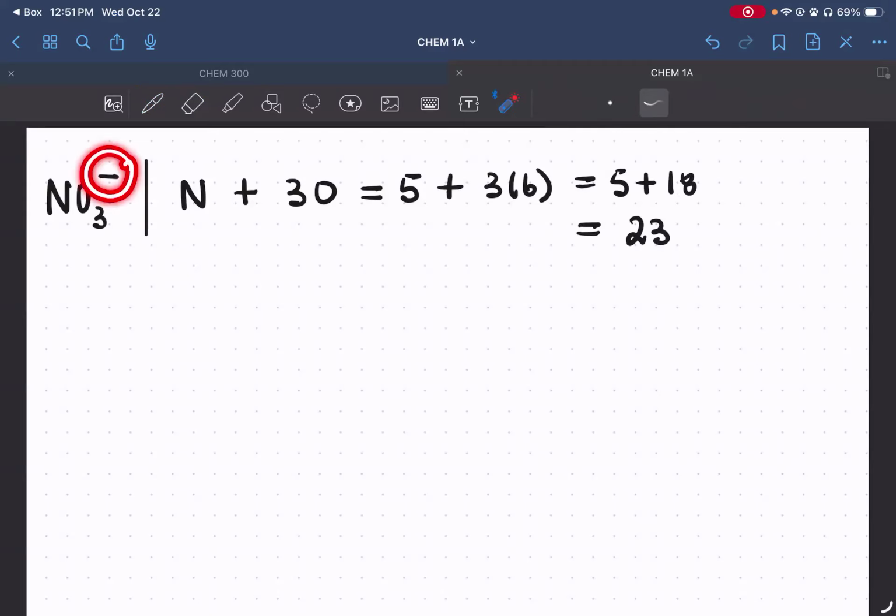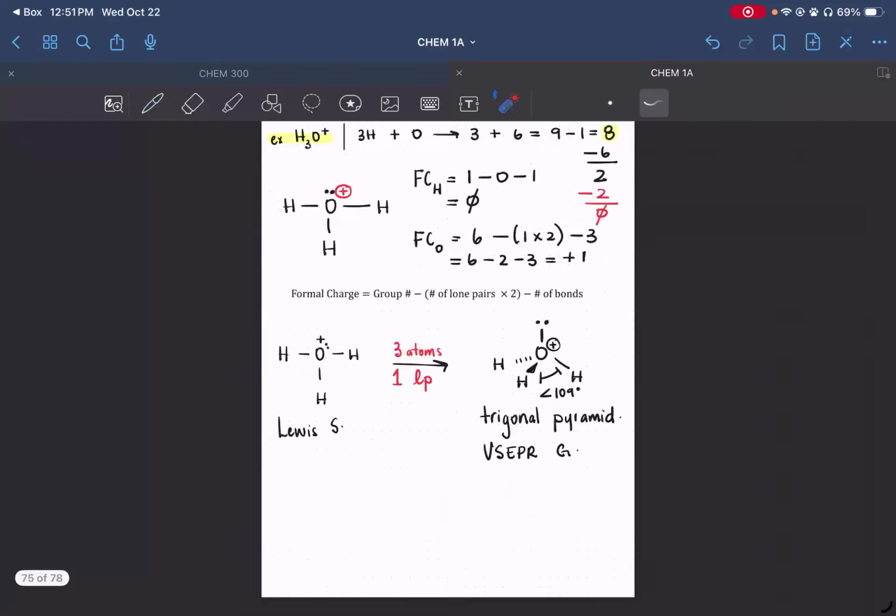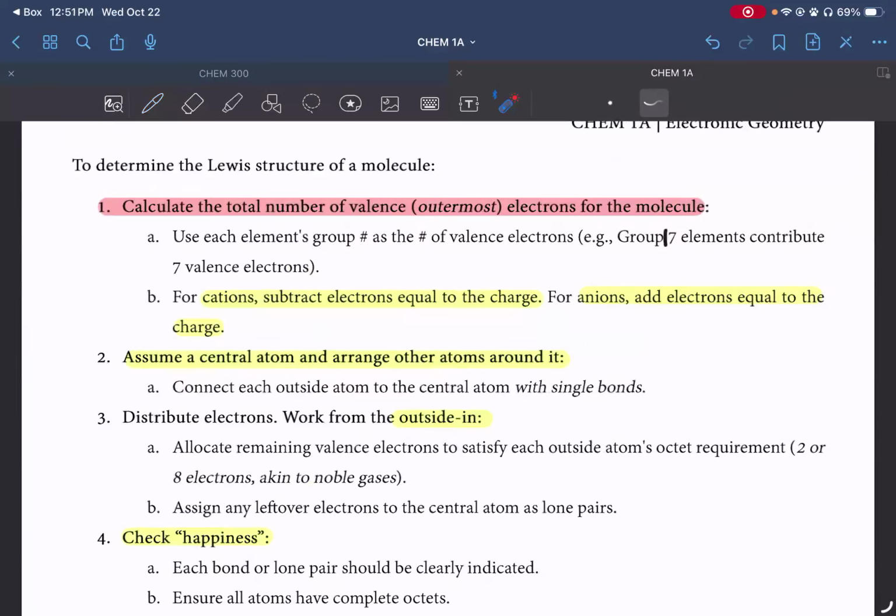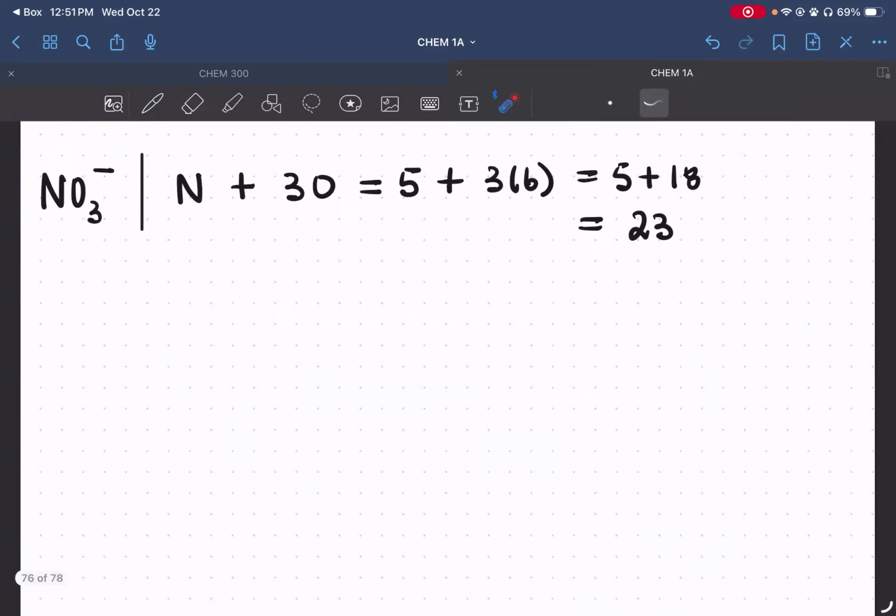Recognize we're dealing with an anion, a negative charge. According to our steps, for anions, you add electrons. So 23 plus 1 is equal to 24. So we have 24 valence electrons to explain when drawing the Lewis structure for NO3 minus.